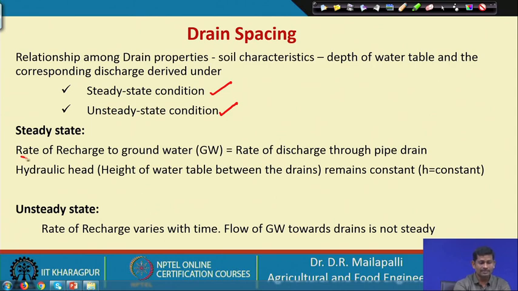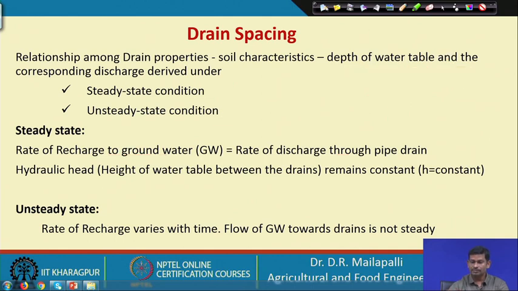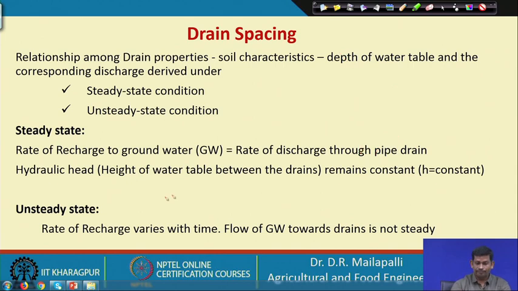The main assumption here is that in steady state, the rate of recharge to the groundwater will be equal to the rate of discharge through the drain pipe. The rate of recharge, let us take Q, will be equal to the drain discharge. So, there is a Q and this Q, and they will be equal in this case. And the hydraulic head, the height of water table between drains, remains constant.